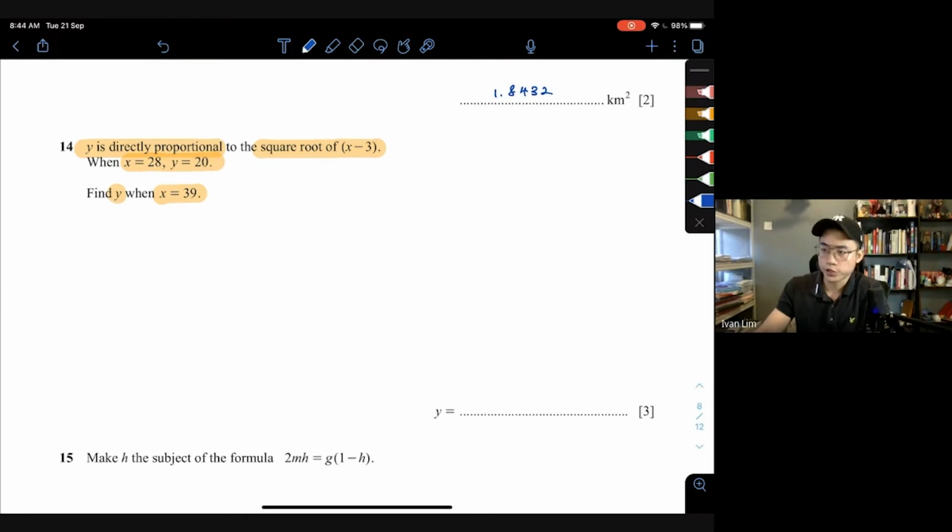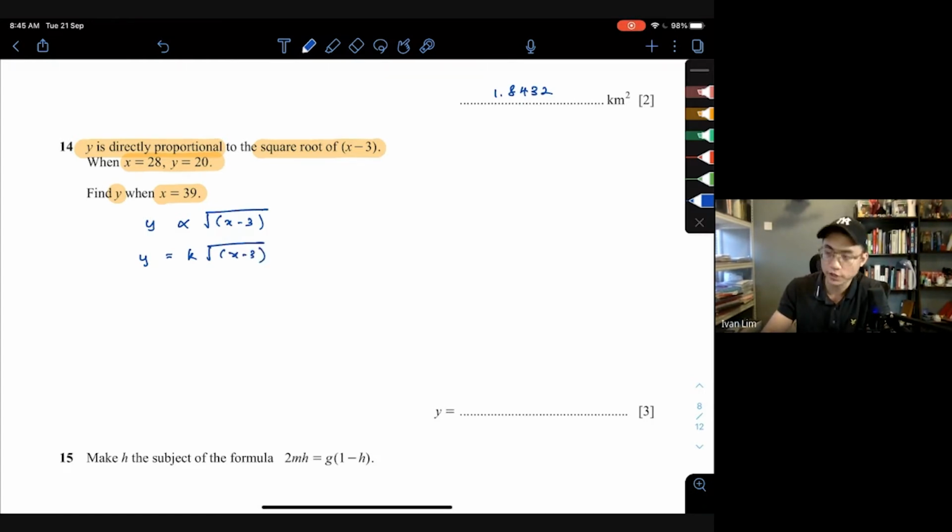For directly proportional, we can write this relationship first. y is directly proportional to the square root of x minus 3. For us to change to equation, you have to put your constant of proportionality, the k value. So y equals k square root of x minus 3.